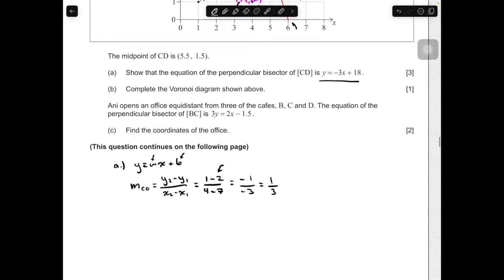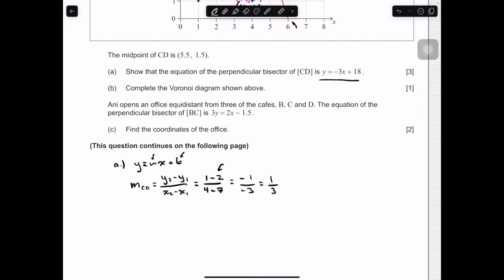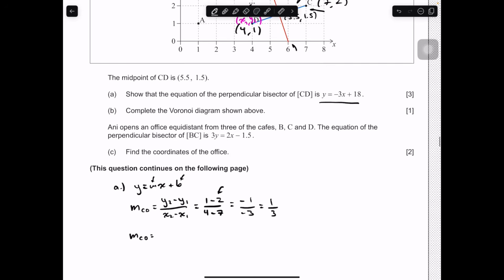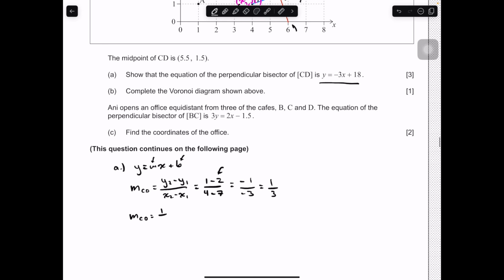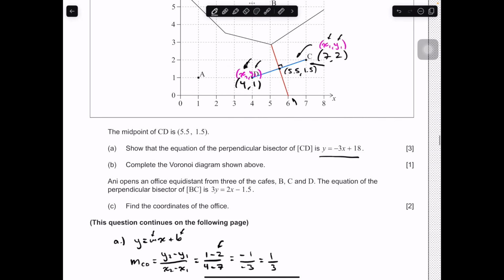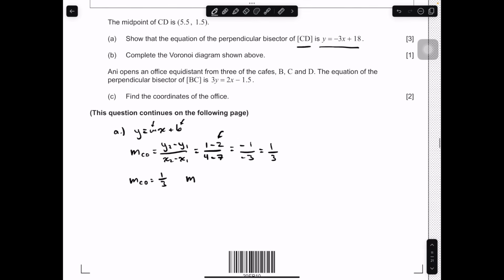Alright, so if we know that the slope of this line segment right here that connects C and D is equal to 1/3, and we're looking for the slope of this line right here, the perpendicular bisector to CD, we know it's going to be perpendicular.